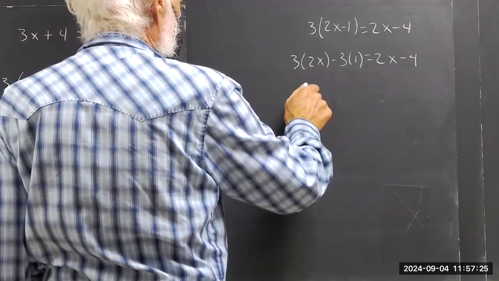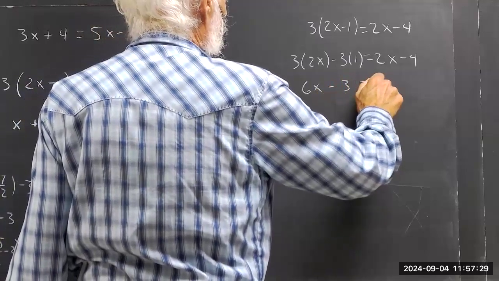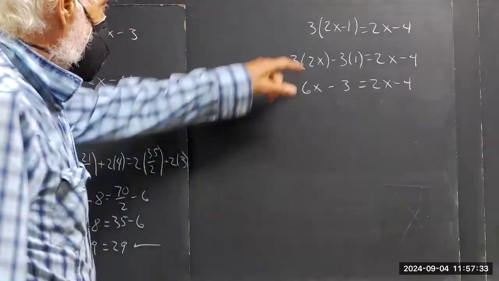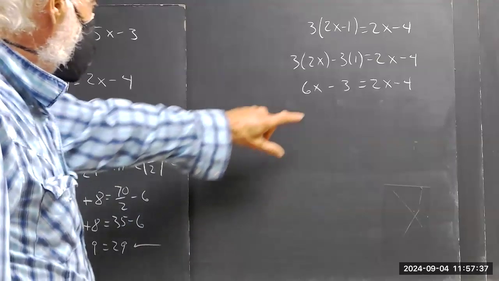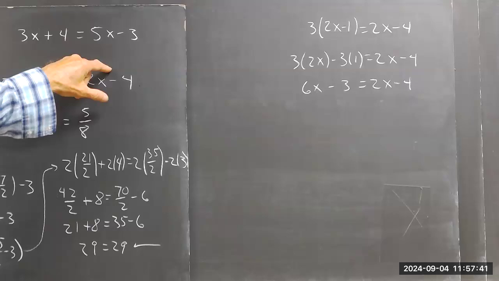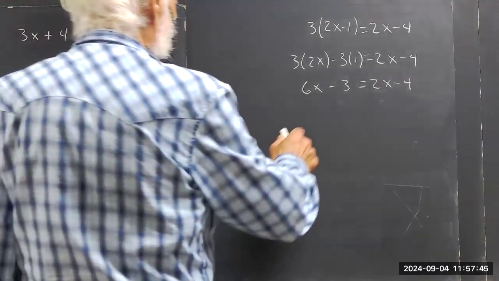Now, 3 times 2x is 6x, and 3 times 1 is 3. So now we've removed the parentheses using the distributive law again, and now we've got an equation of the same type as the one we just solved. So we're going to do similarly.